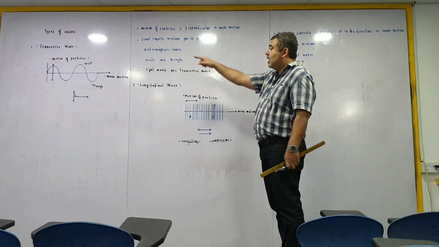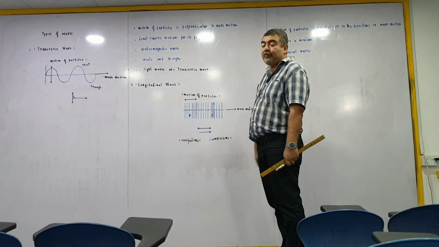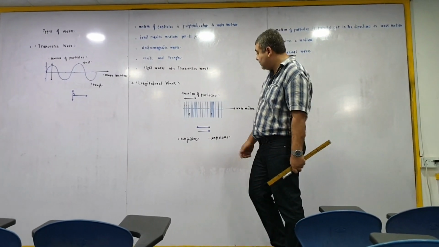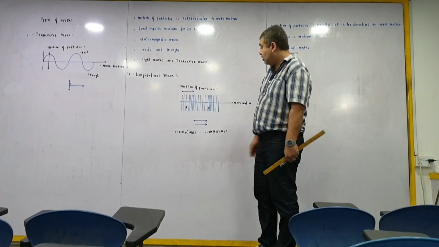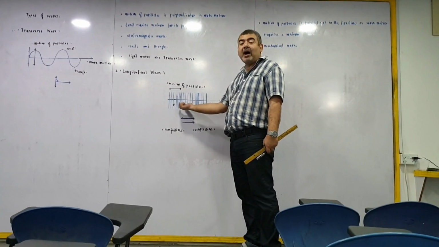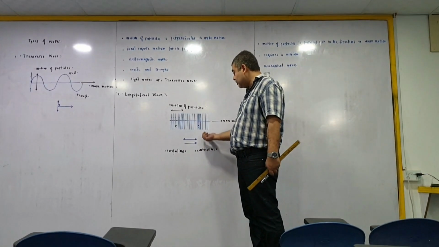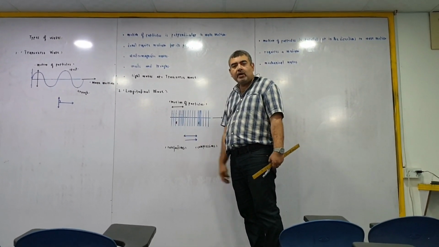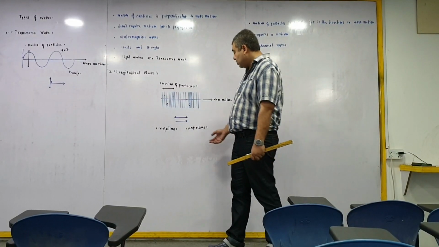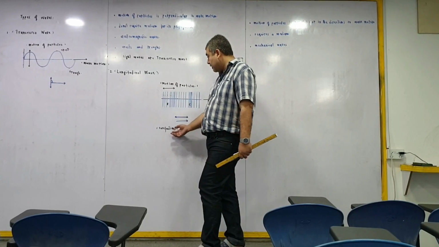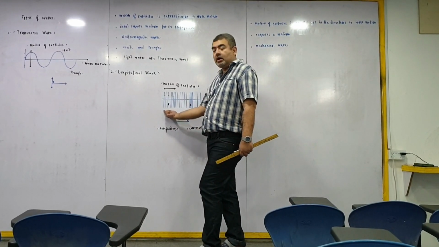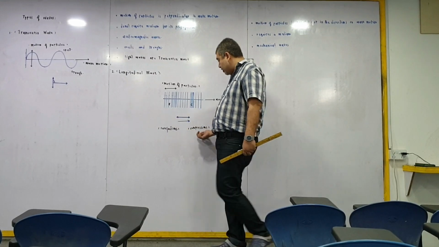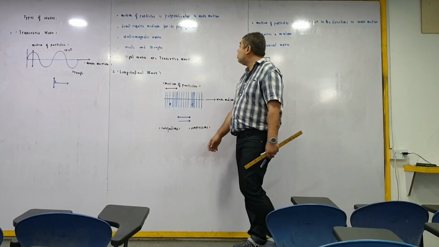So what is a crest? High point of the wave. Trough, low point of the wave. Which wave? Transverse wave. What are rarefactions and compressions? Compressions have high energy. Rarefactions have low energy. The rarefactions actually are the regions with low energy, and compressions are regions with high energy.